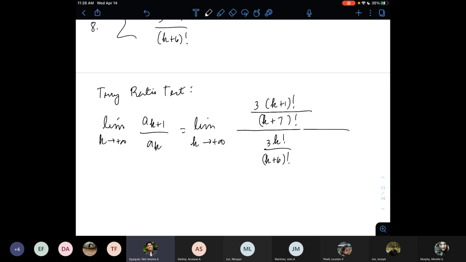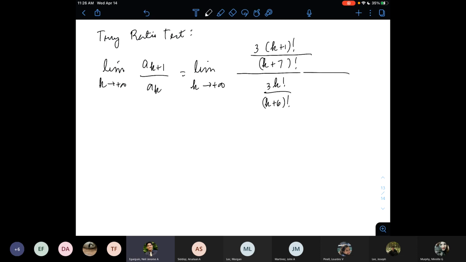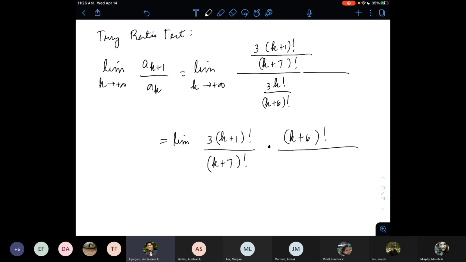Okay, so I have set up the ratio here. I'll turn it into a multiplication problem to see what can cancel, as k approaches infinity.